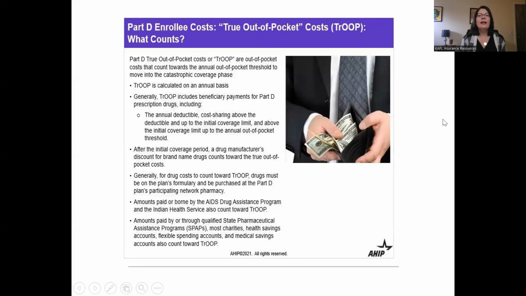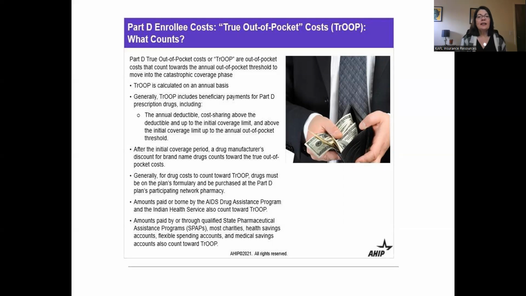So this true out-of-pocket costs, TROOP, what counts towards that? It's calculated on an annual basis. So if somebody reaches their true out-of-pocket costs in 2022, it's going to start over January 1st of 2023. In general, it includes what the enrollee or beneficiary pays for prescription drugs.